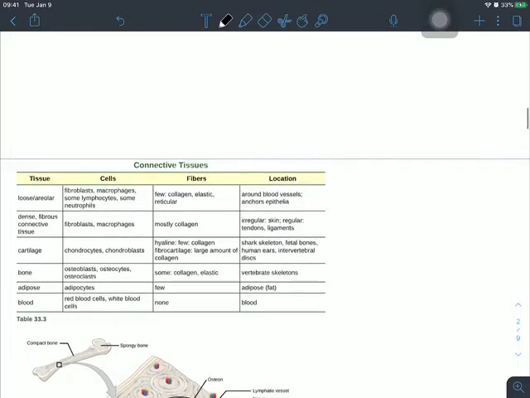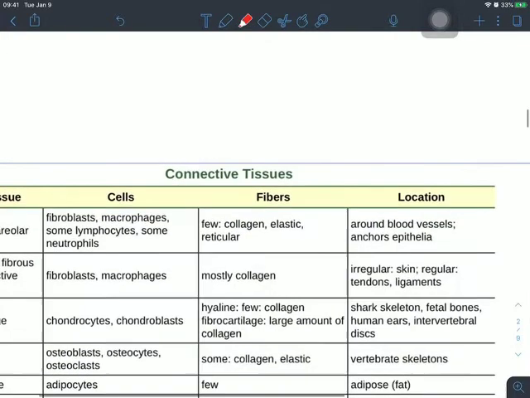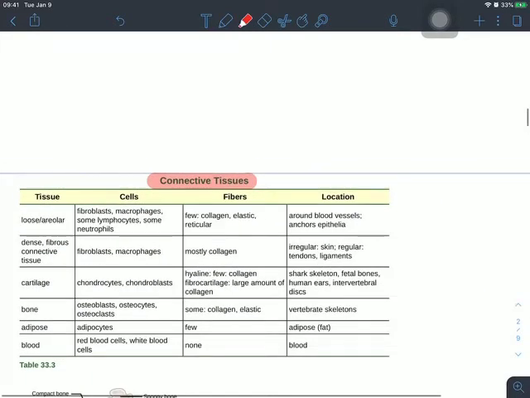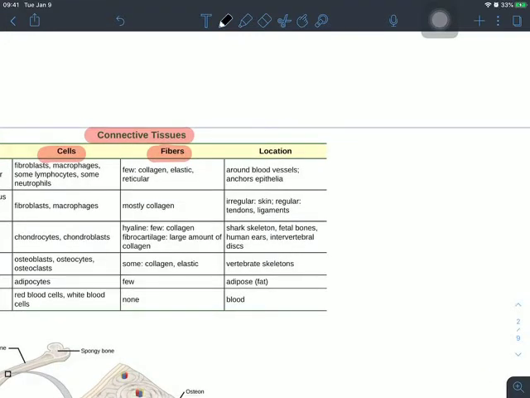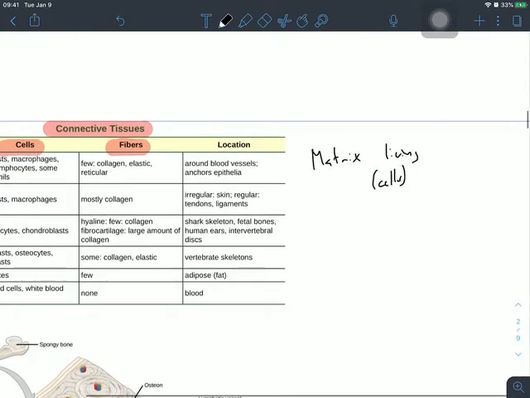Now next up, we have a quite diverse group of tissue type, that being the connective tissues. Now, as a tissue type, we have large variation in the different cells and fibers that make up connective tissue, because connective tissue is different than epithelial tissue because it is made of a matrix of living, aka cells, so living things, and non-living protein.